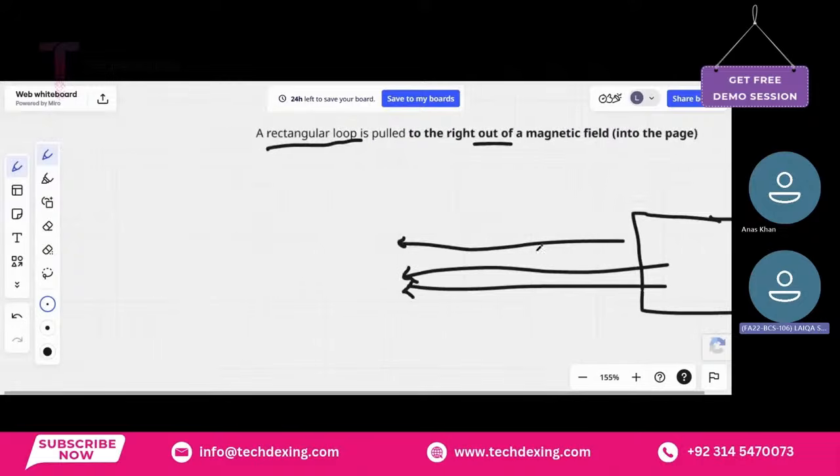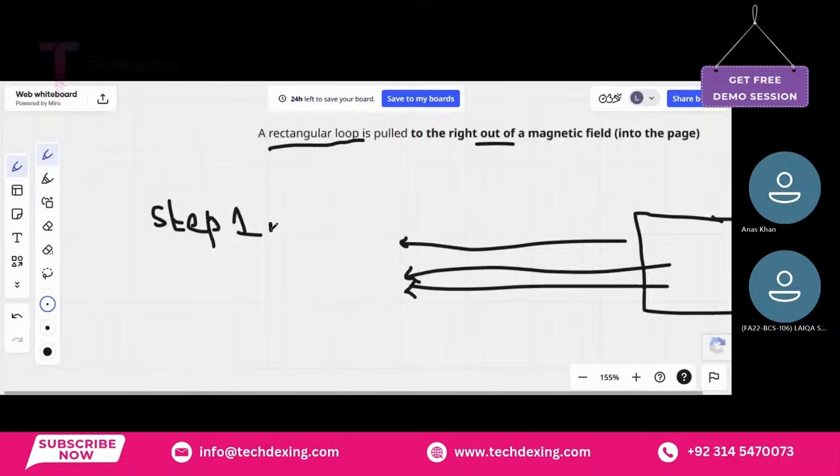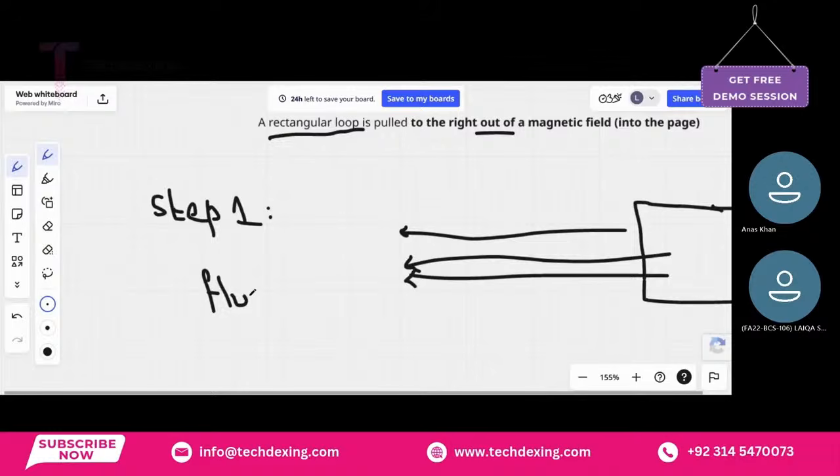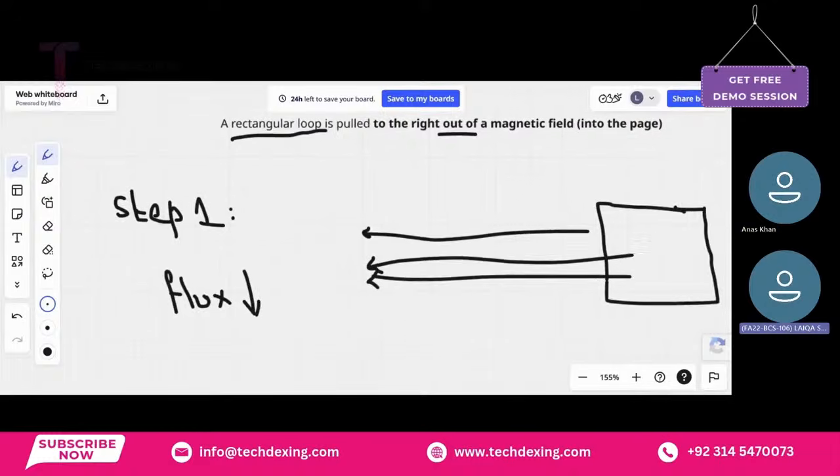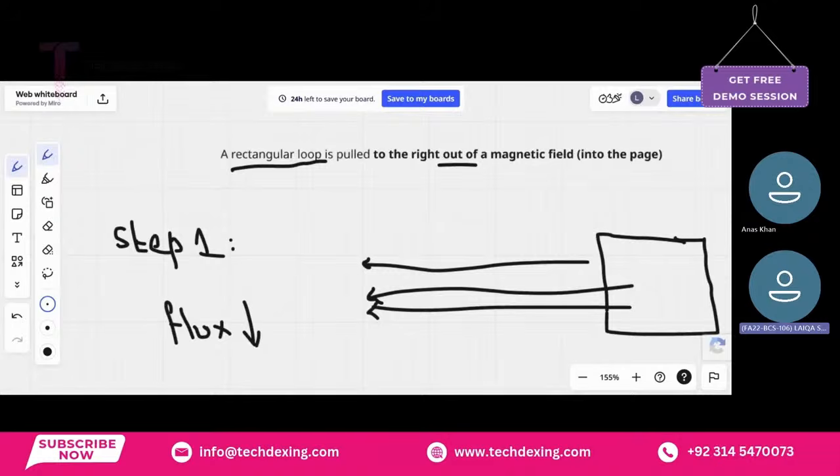So in step 1, we have identified that the flux is decreasing.